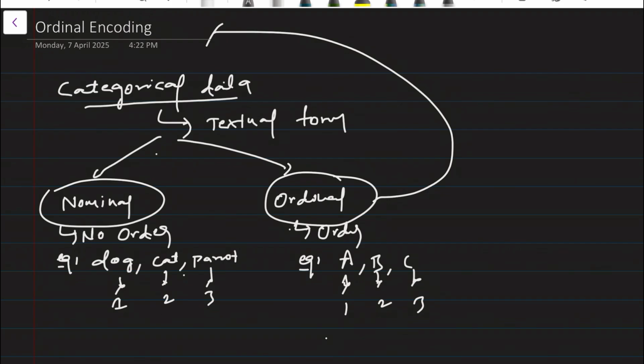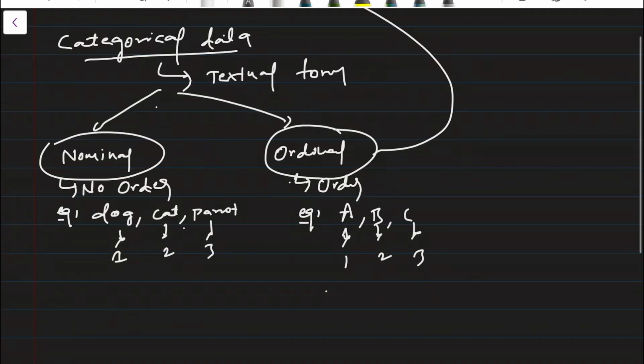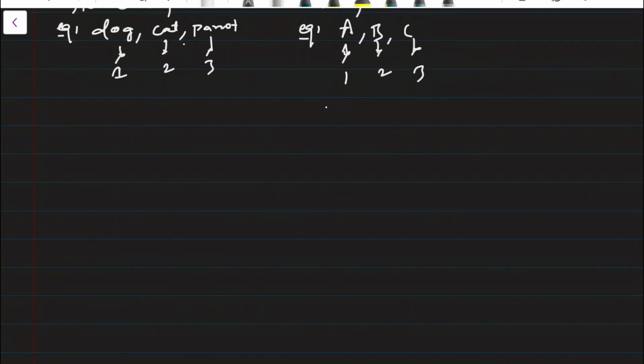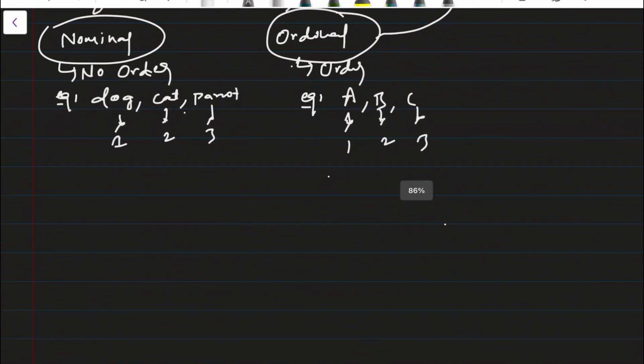So, what is meant by ordinal encoding? I have explained it. Ordinal encoding is encoding the data which has an order in it. Data which has an order in it is known as ordinal data.